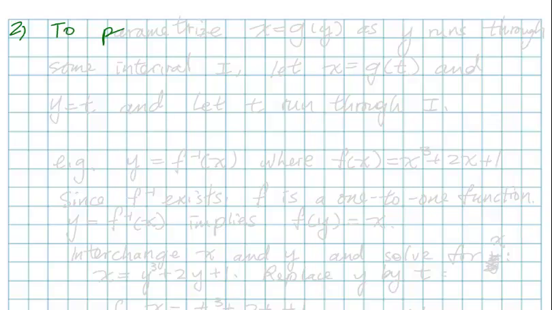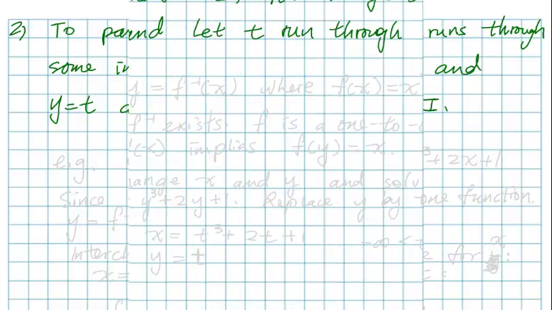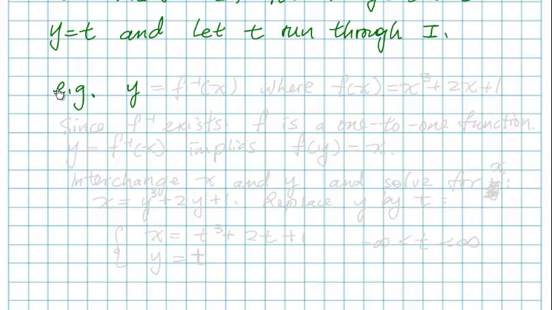Pattern number 2, to parameterize x equals g of y as y runs through some interval I. Let x equals g of t and y equals t, and let t run through the interval I. For example, y equals f inverse of x, where f of x equals x cubed plus 2x plus 1.